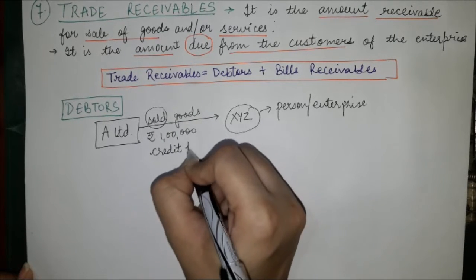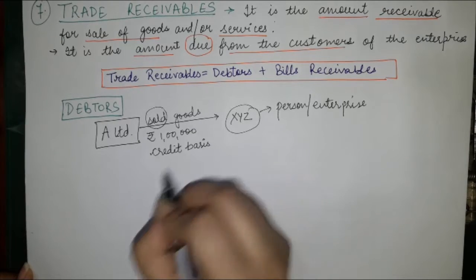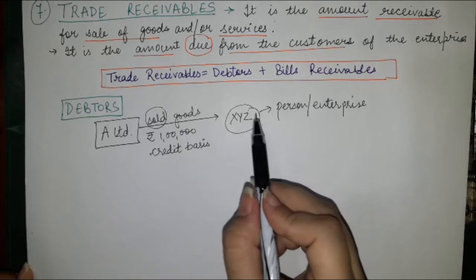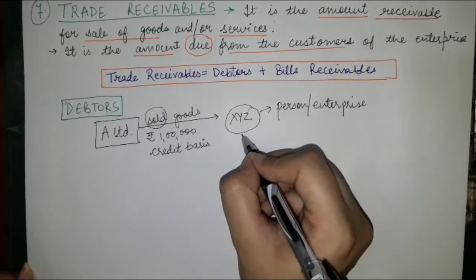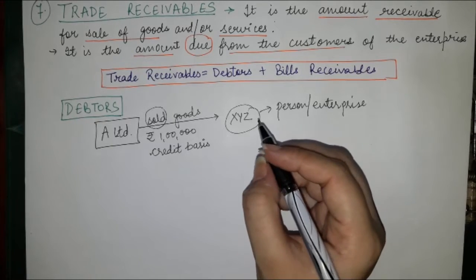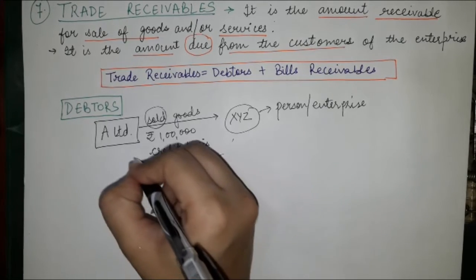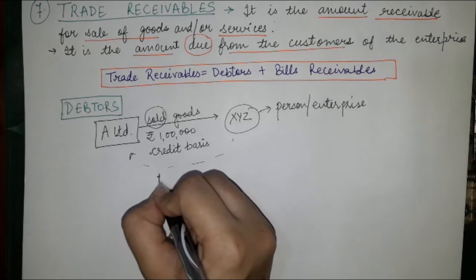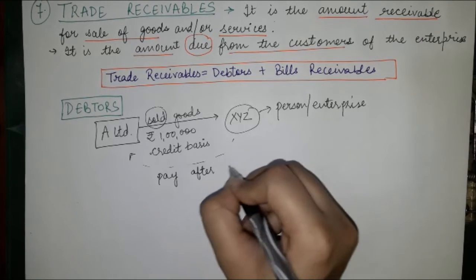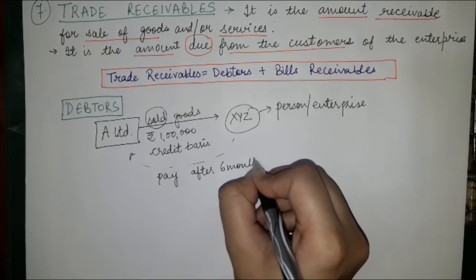उधार पे आपने किसी कंपनी या किसी इंसान को goods बेचे हैं. So whenever you sell goods and services to a person, you ask in return when they are going to give the money. For example, he says that he is going to pay you the money after 6 months, right?